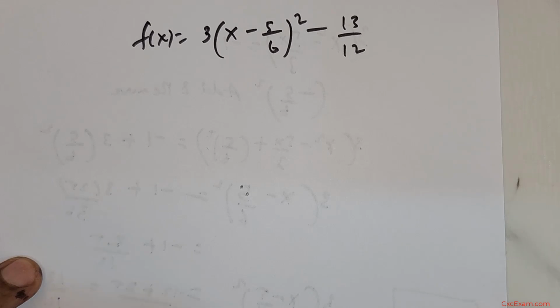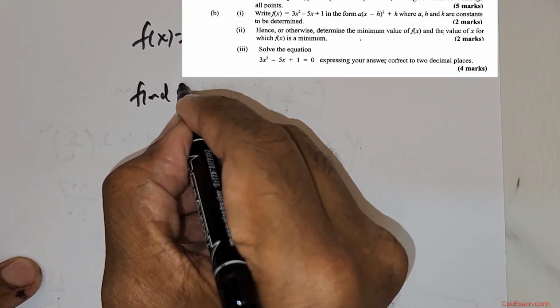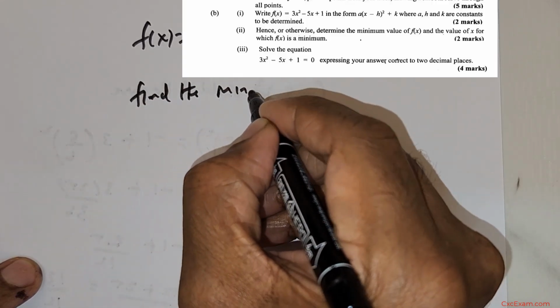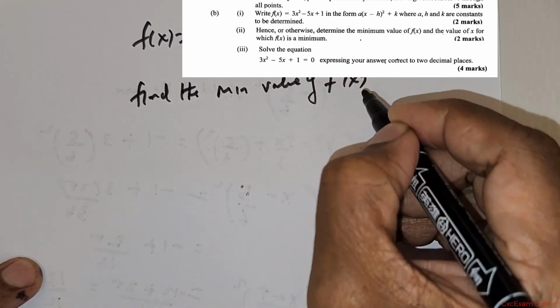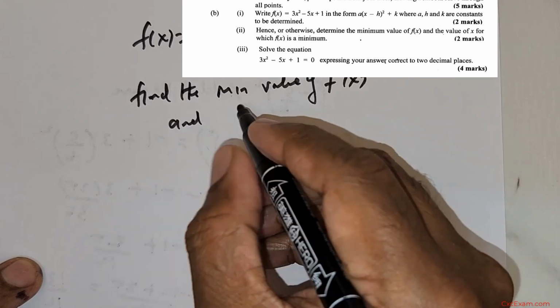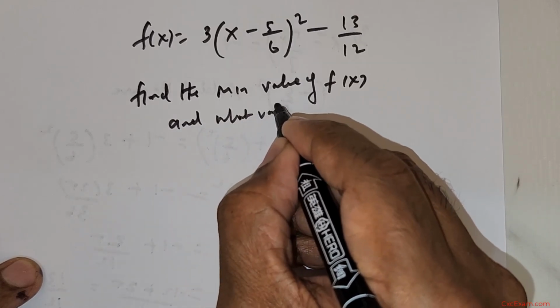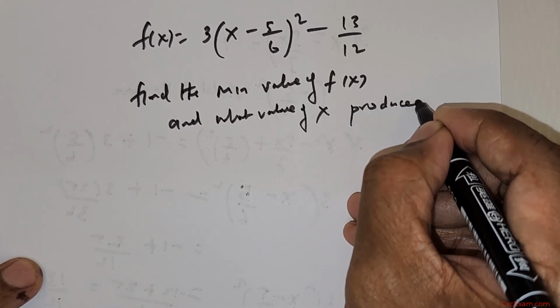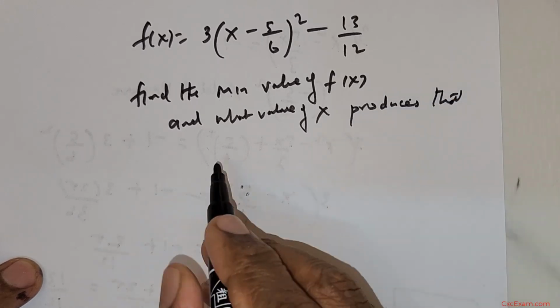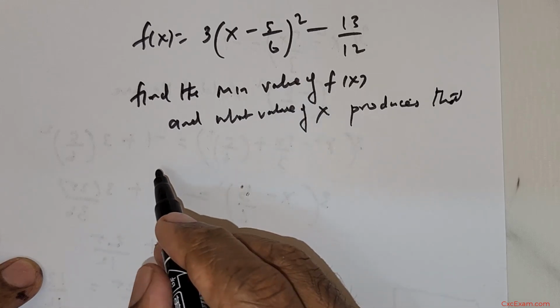Okay, now the next question is find the minimum value of f of x and what value of x produces that. Okay, that's the next part.